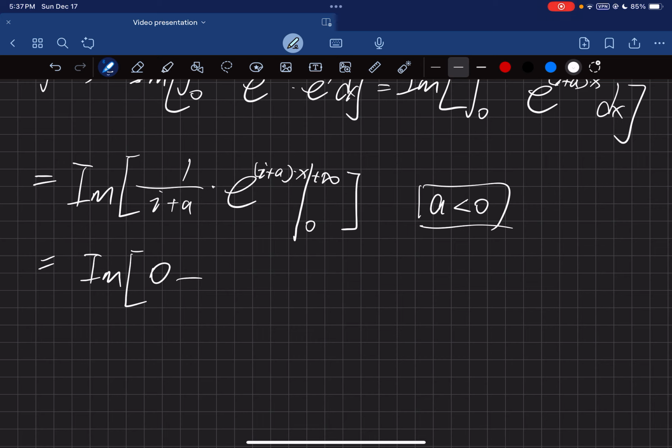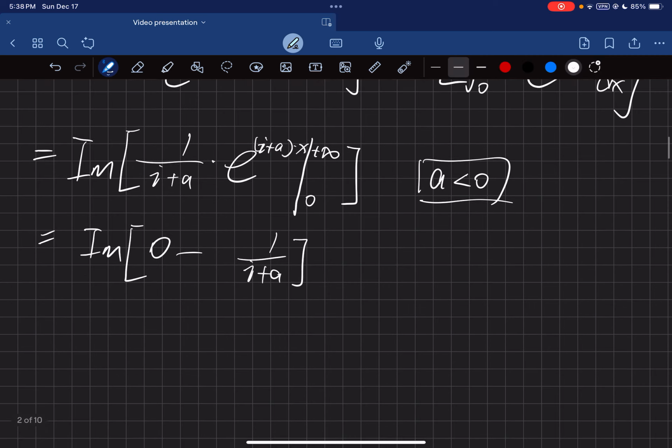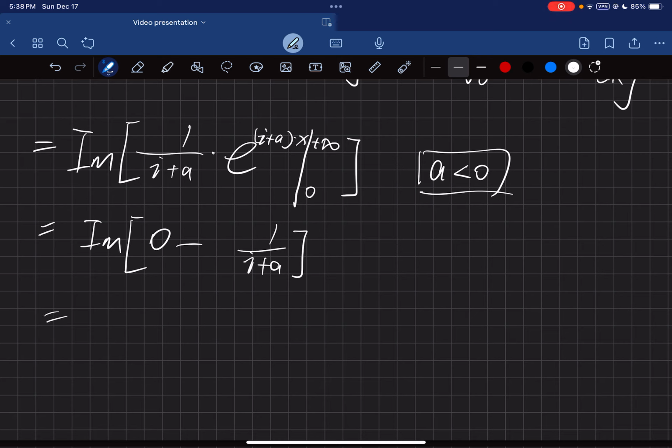So when x is 0, we can find that the equation is 1, because e^0 is 1, right? 1 plus 1 over i plus a. So this is 1 over i plus a.